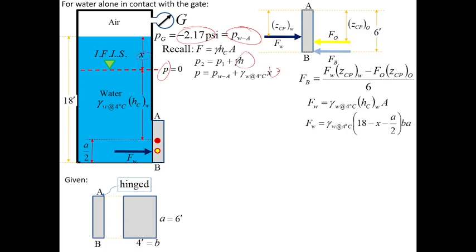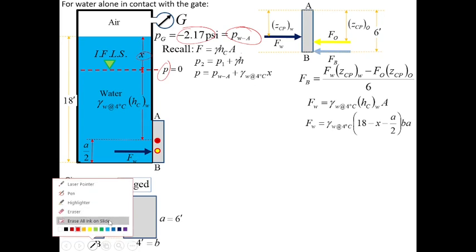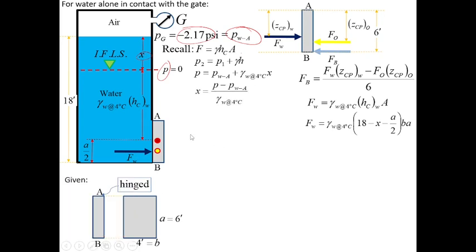So H now becomes x. So therefore, we can solve for x. So that is P minus PWA all over this one, so that we are able to solve for x.